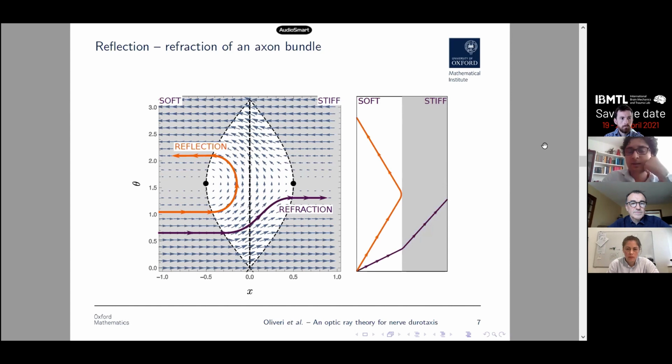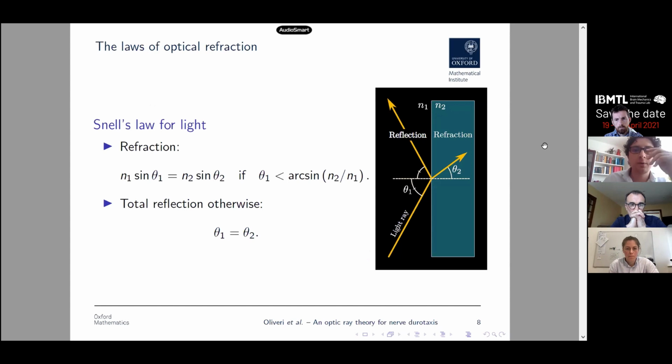As a matter of fact, the next part of this work consisted in pushing this analogy analytically and trying to understand to what extent this analogy was accurate. I mentioned the laws of optical refraction. Those are well summarized by Snell's law, which governs light refraction at an interface. Snell's law is named after the Dutch physicist Willebrord Snellius, who proposed this law, although the French prefer to give the credit to Descartes.